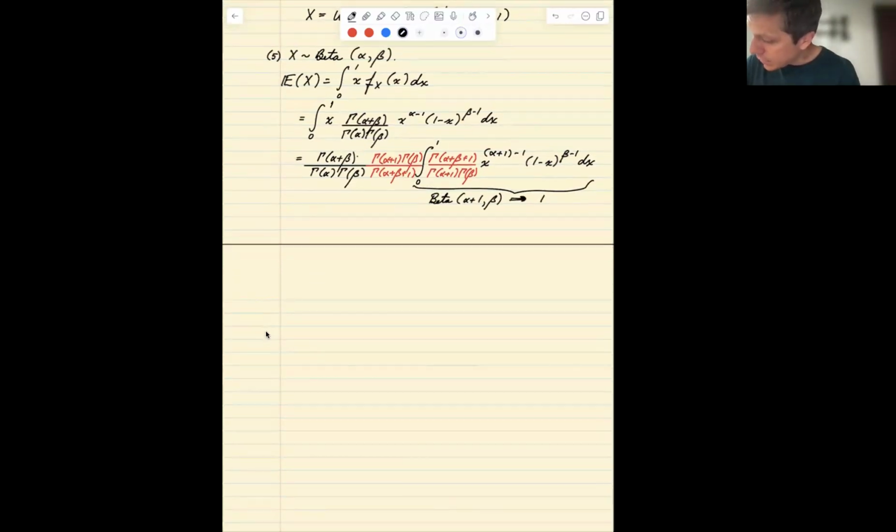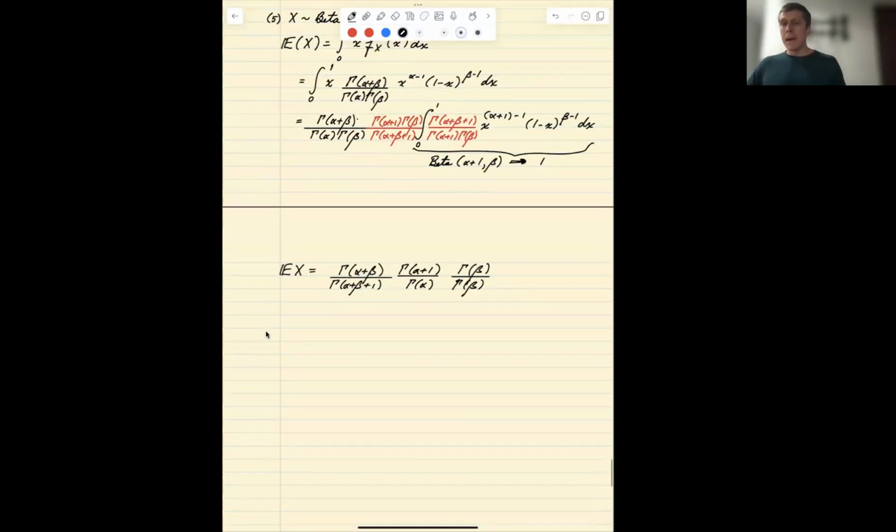And then our answer is the expectation of X is gamma alpha plus beta over gamma alpha plus beta plus 1, gamma alpha plus 1 over gamma alpha. I'm just rearranging here. Keep things nice. Gamma beta over gamma beta. Well, obviously those cancel.